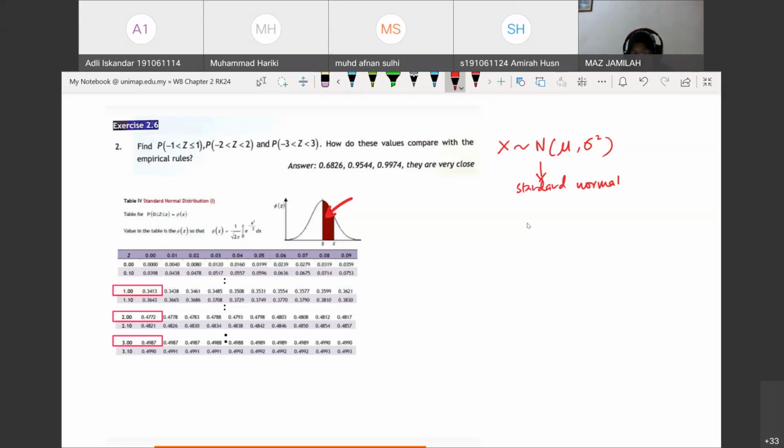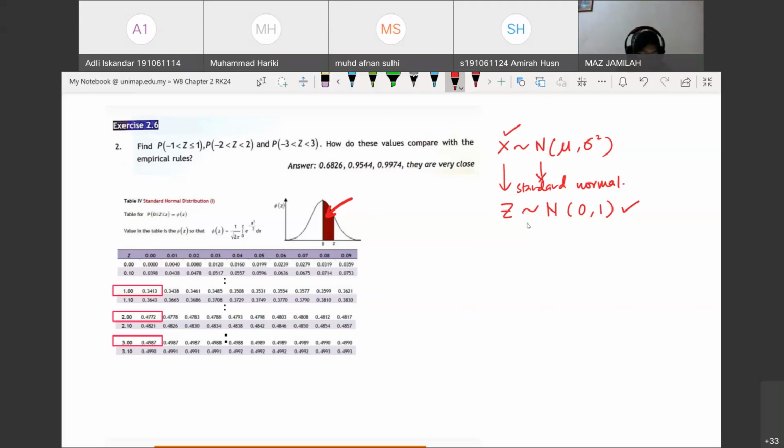When we say standard normal, then the random variable that we talked about earlier, that is x, will be z, and this z is still distributed with normal probability distribution, but with mean and variance 0 and 1. So by applying this concept with the transformation of using the z score, we have this particular understanding.